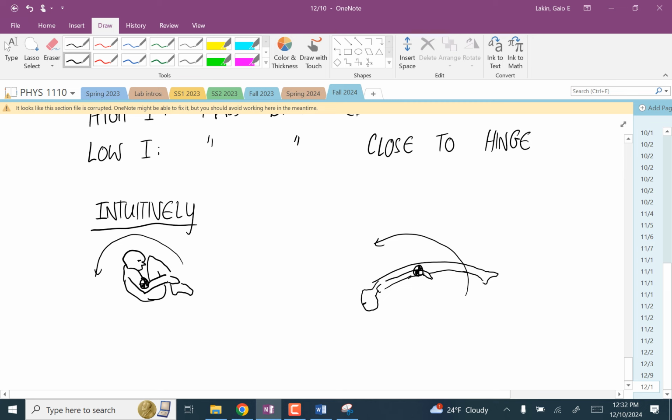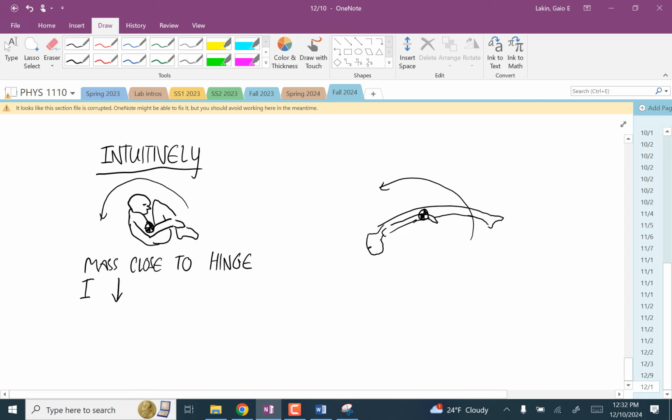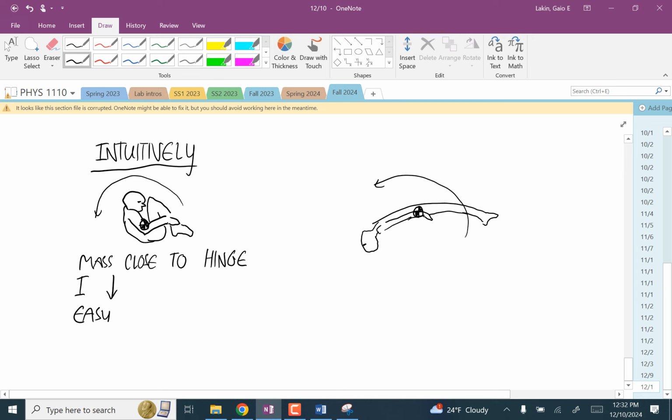in which one of these two is their mass smushed the closest to the center of mass, the hinge? It's this one over here, on the left. It has all of the mass as close to the center of mass as the person can get, as close to the hinge as possible. So this is with the mass close to the hinge. And that means that the moment of inertia is small for this, and that means that this is easy to get rotating.